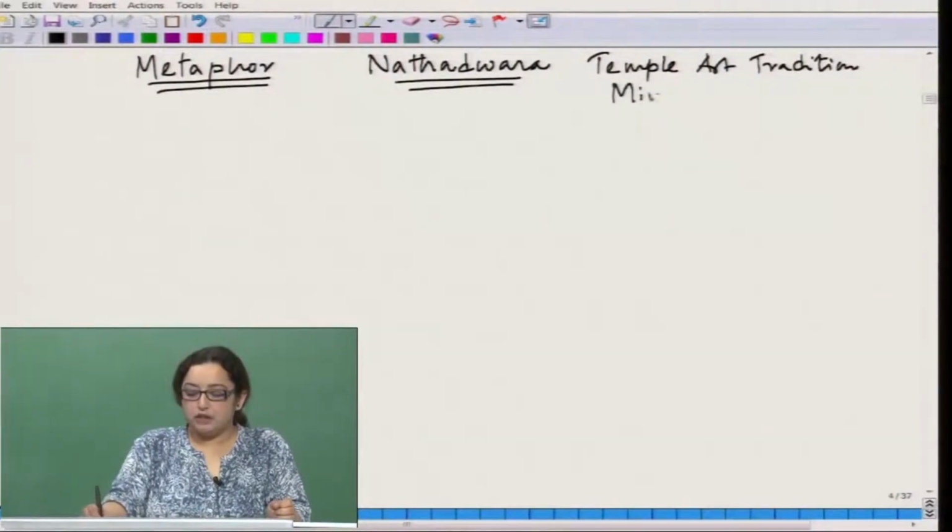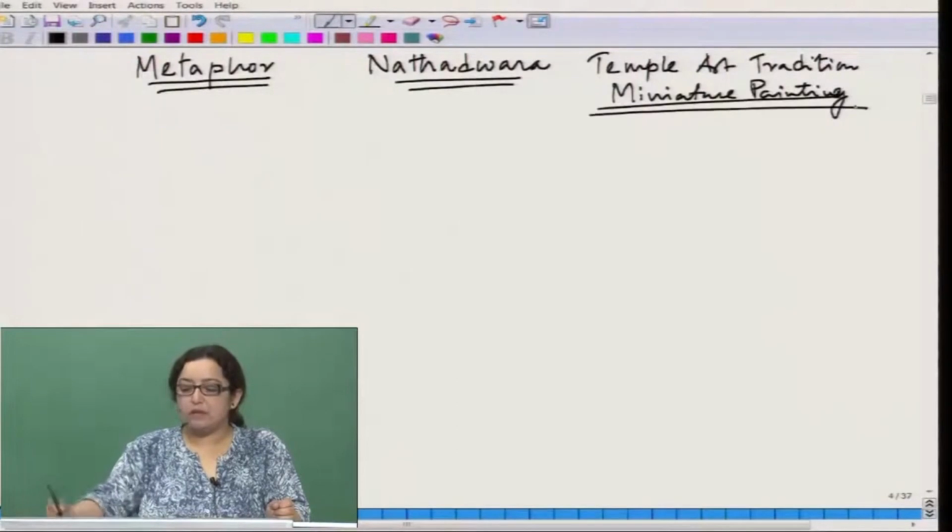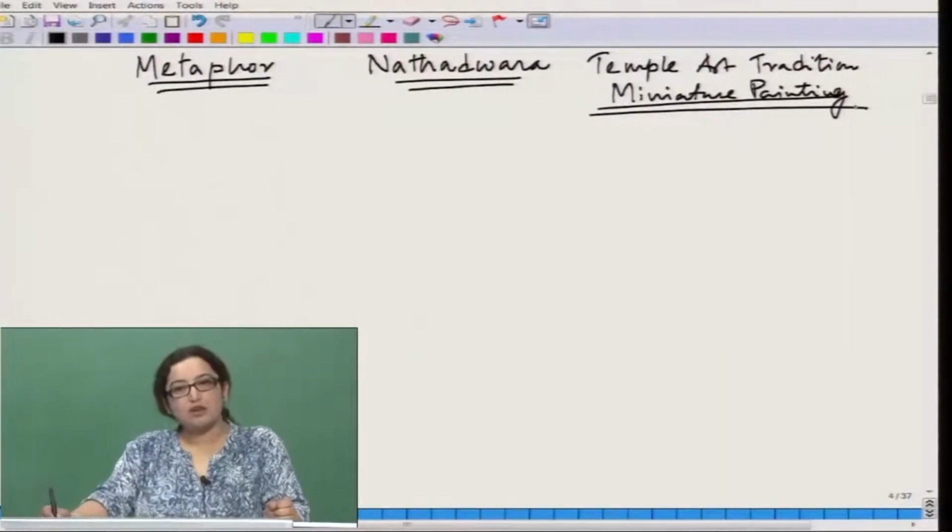Of a miniature painting. The legacy is still being continued by the traditional artist of that place.